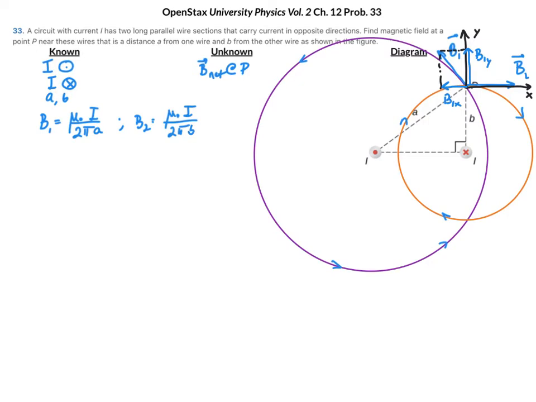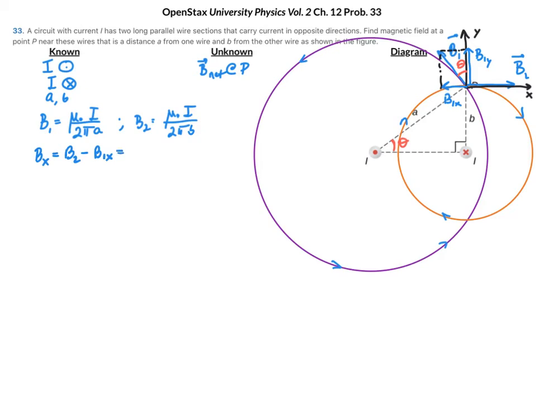Now if I try to find B net x, that is B2 minus B1x. So now I need an angle. Let's say that I'm calling this angle here theta. That makes this angle here theta.